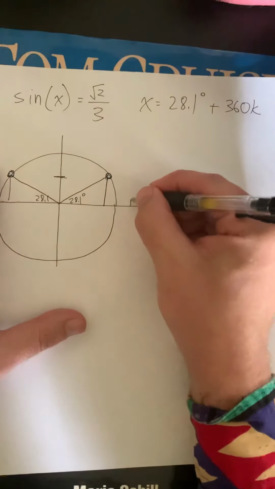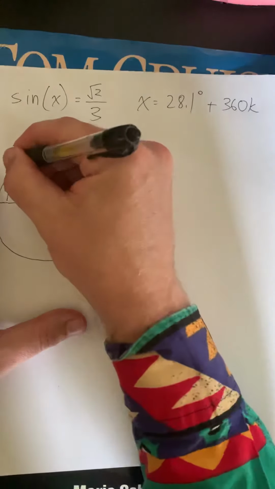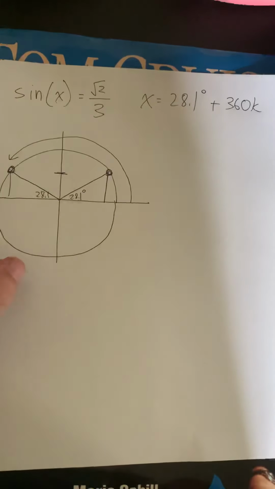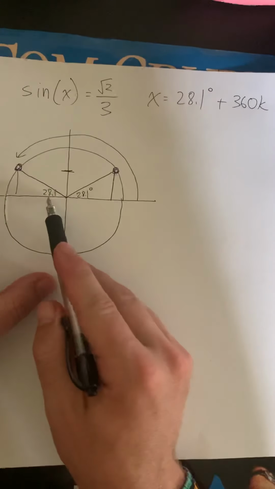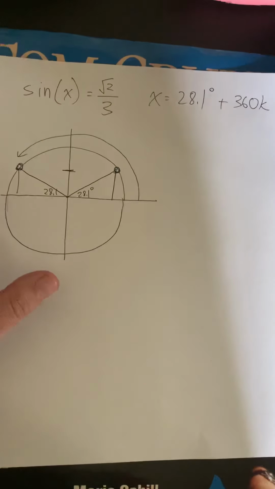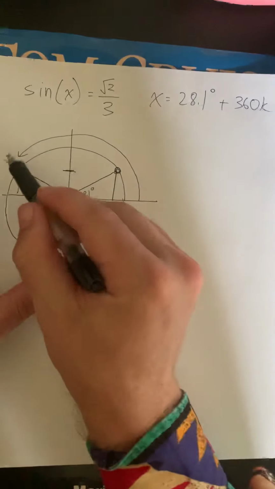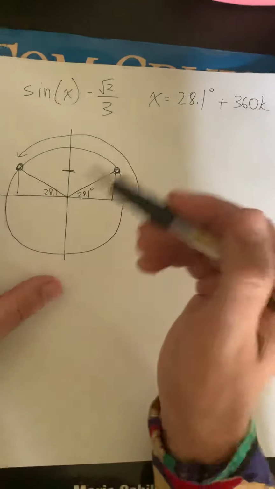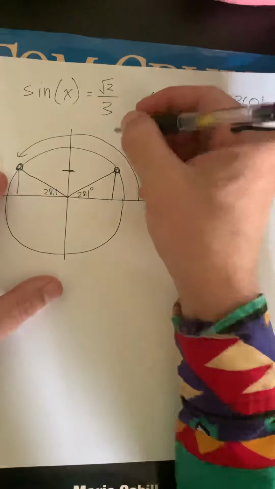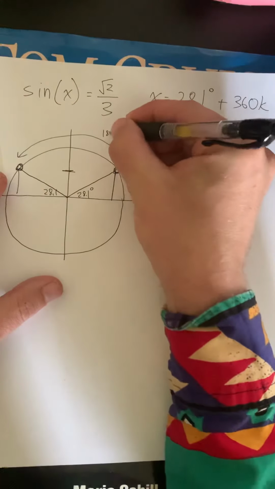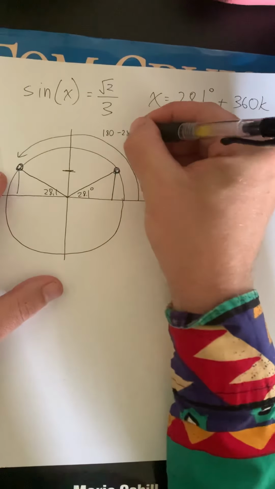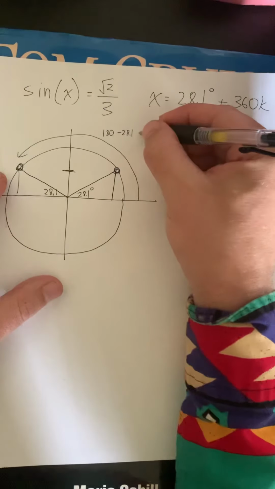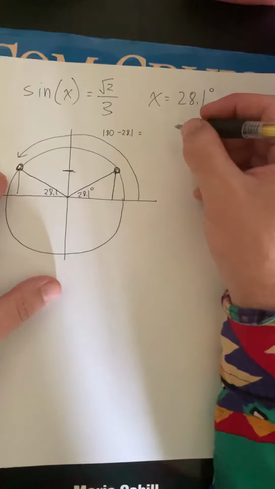So the question is, how far do you rotate here to get a 28.1 degree central angle? And you know, if the whole top semicircle is 180, you can go to the 180 and just take off 28.1. Maybe we can do that right here. 180 minus 28.1. Okay, be a cool person.